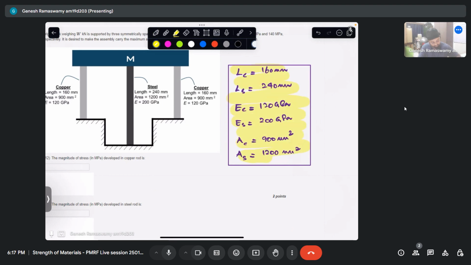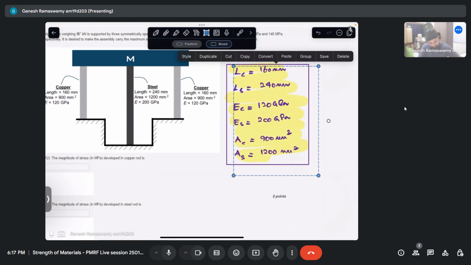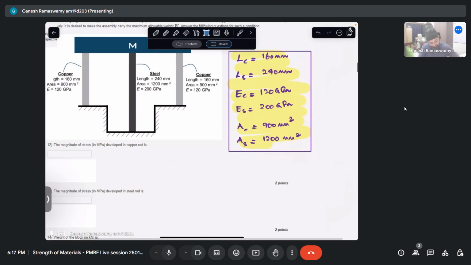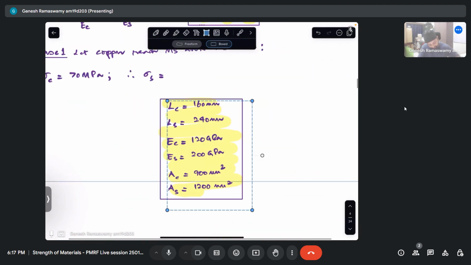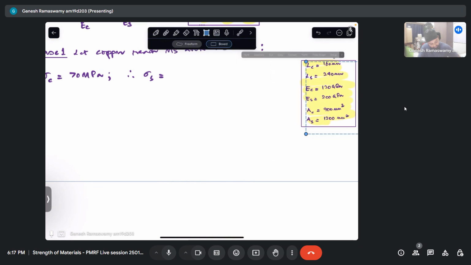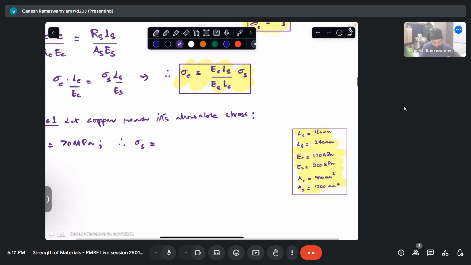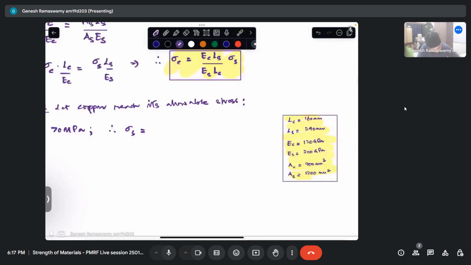So based on this given information, I can back calculate sigma S as ES, which is 200 E3, into LC, which is 160, divided by EC, which is 120 E3, into LS, sorry, this should be 240.